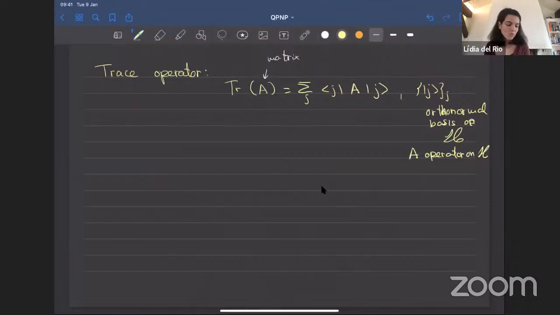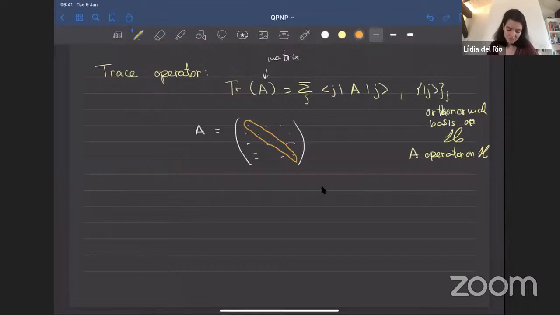Visually, A is a matrix, and the trace is really just summing all the diagonal elements. And j could be any basis.